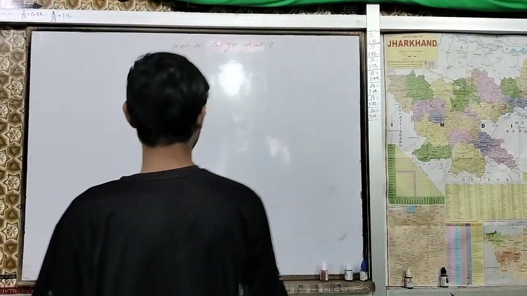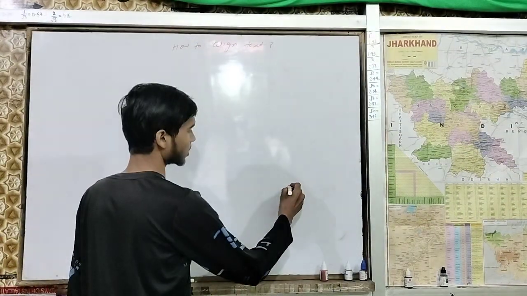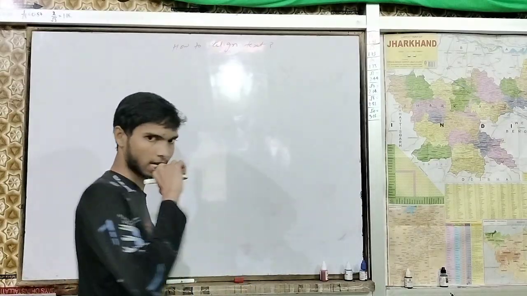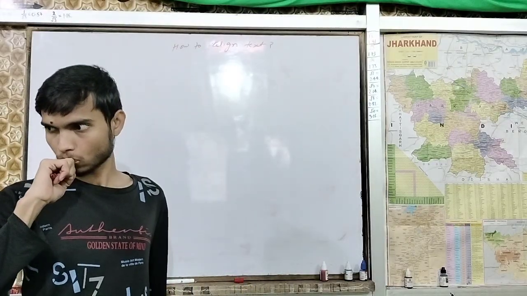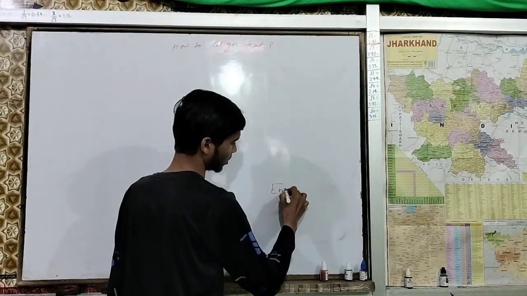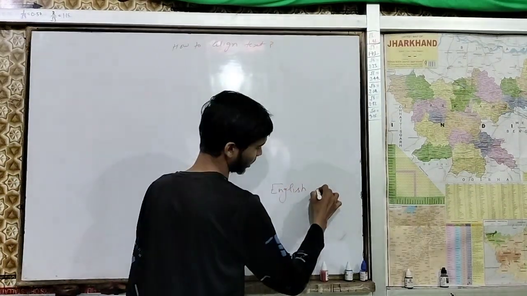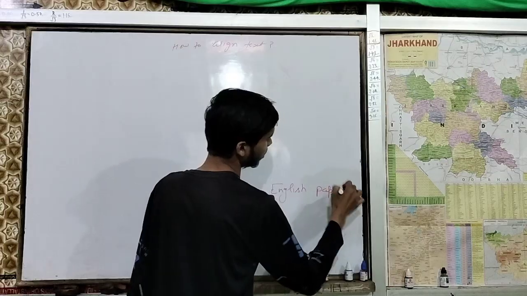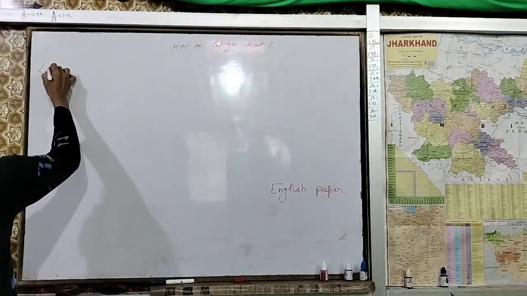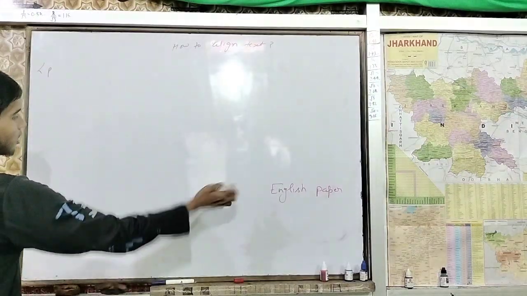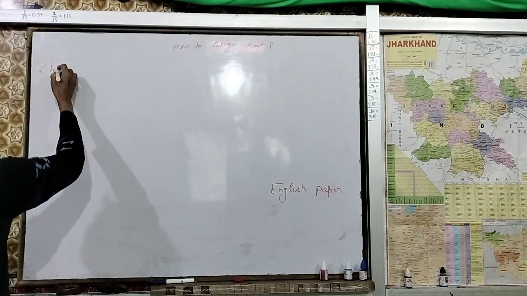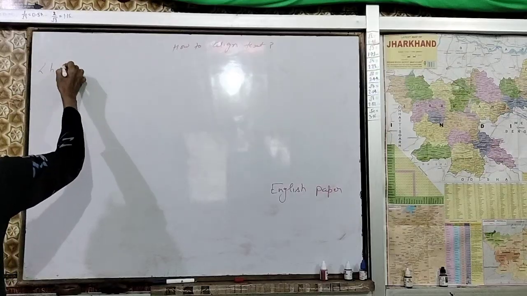So, for example, we have a word, English paper. Okay, English paper. Clear? So this is not a paragraph, you can say a heading, H3.